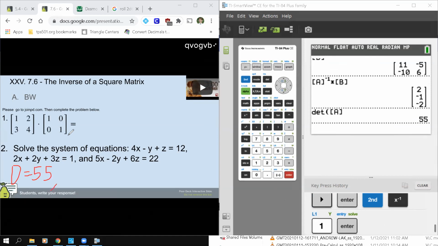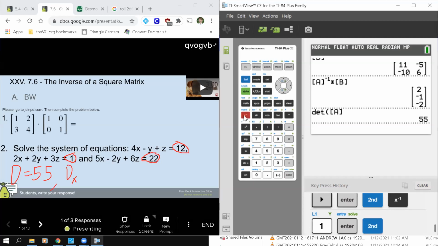I need to find now Dx, Dy, and Dz. To find the determinant with respect to x, I'm going to replace all of my x values with the constants 12, 1, and 22.